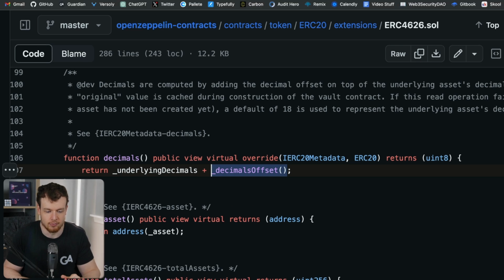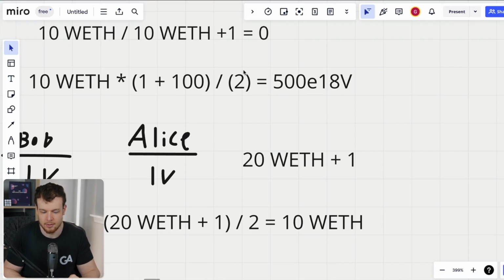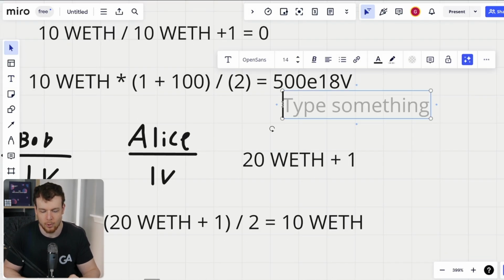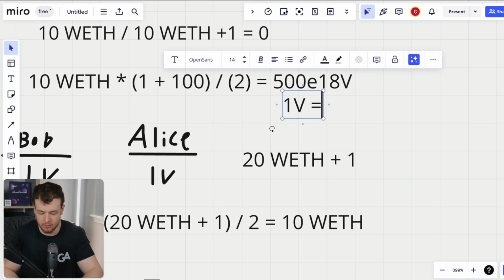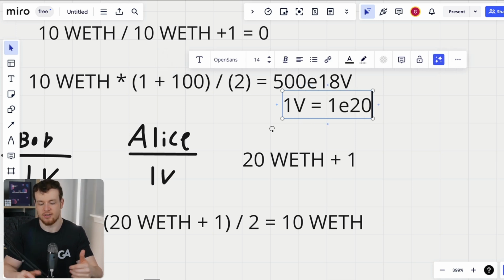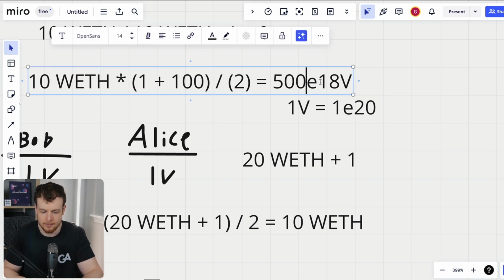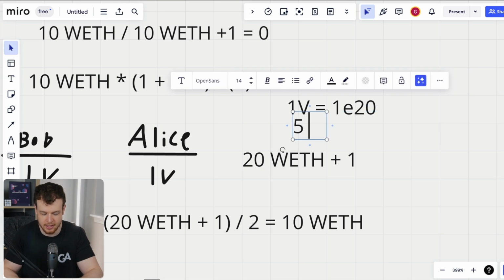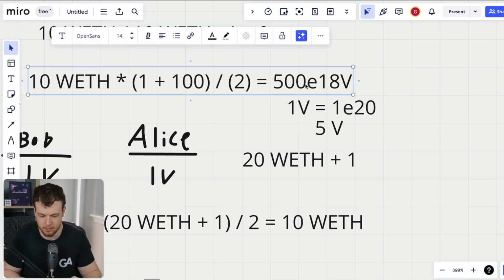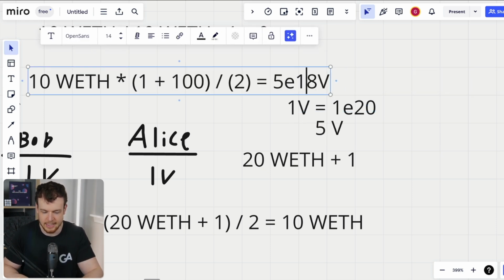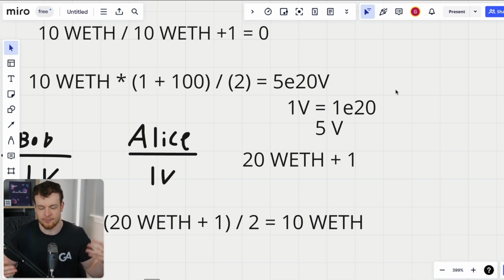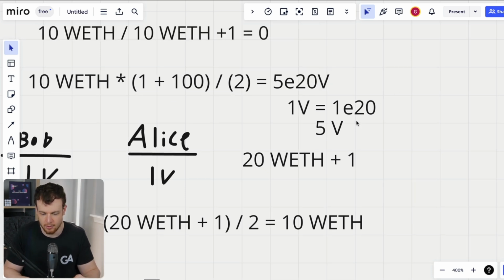Our definition of one vault token is not one vault token equals 1E18. We're saying one vault token is a 1E20 thing. So adding those 2 extra decimals for granularity. So really, Bob got, by this definition, 5 vault tokens, right? So this would be 5E20 here, which is 5 vault tokens, with the definition that a vault token has 20 decimals.